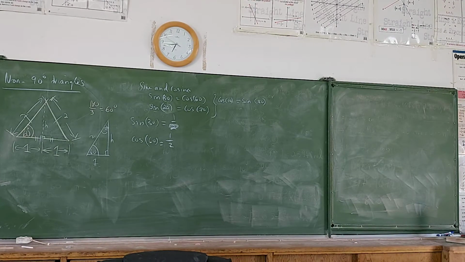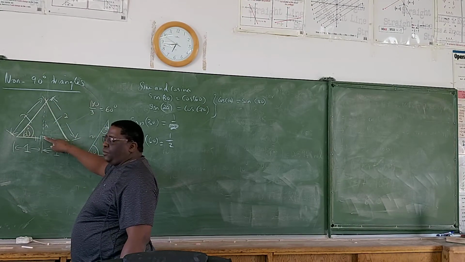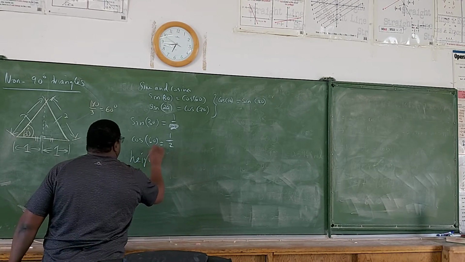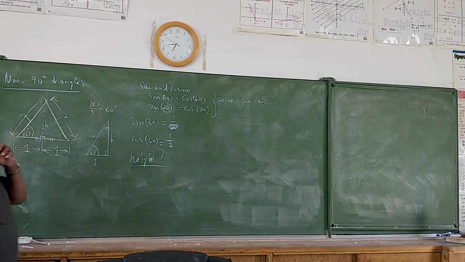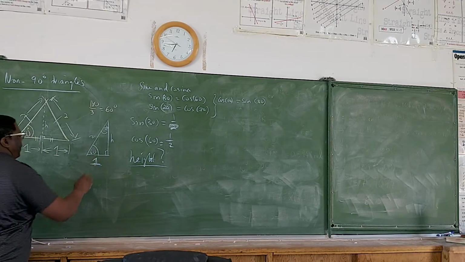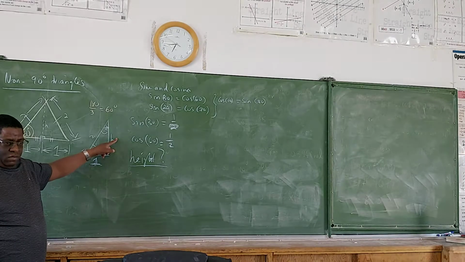The height of this triangle is calculated the following way. Let's work from this triangle we have here. When we calculate the height, Pythagoras can be used.